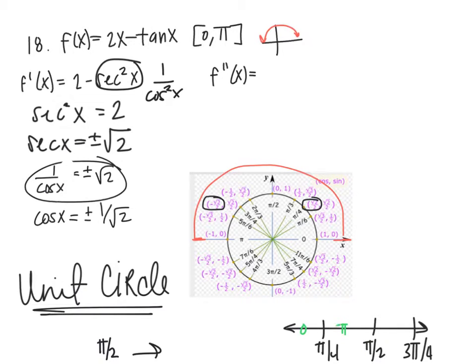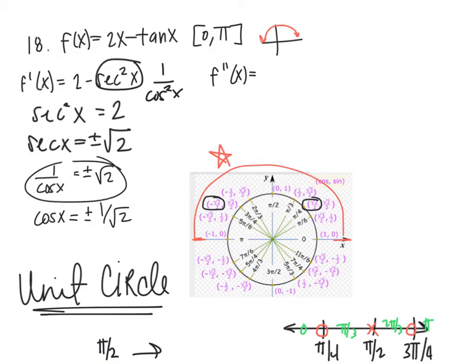We're going to plug in pi over 3. Between pi over 2 and 3 pi over 4, we'll plug in 2 pi over 3. And then over here, we can plug in pi. And this is where the derivative was 0, and this is where the derivative was undefined. Now, again, knowing the unit circle helps us to come up with these values, all right? It's just part of the package.